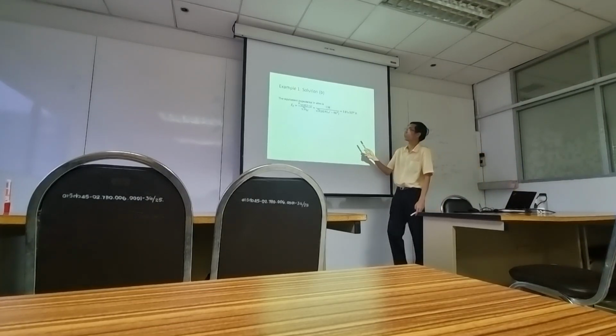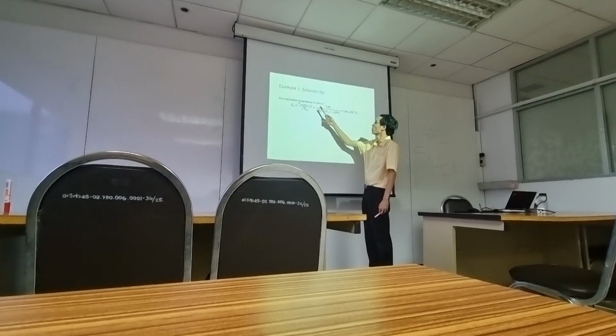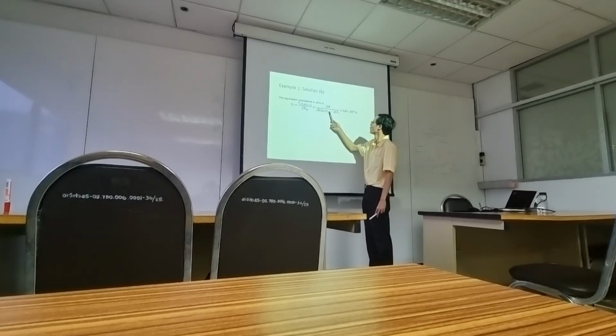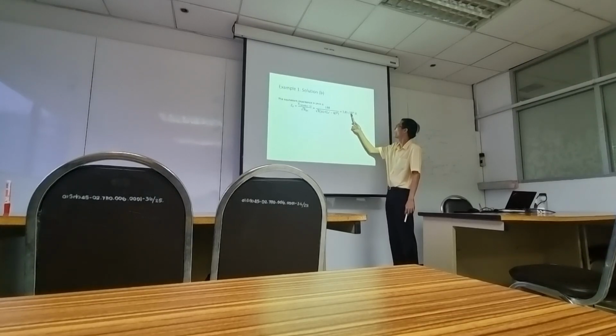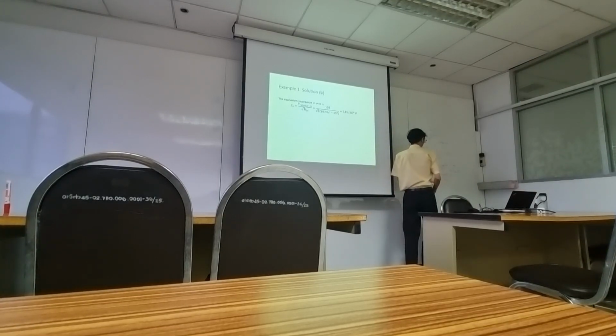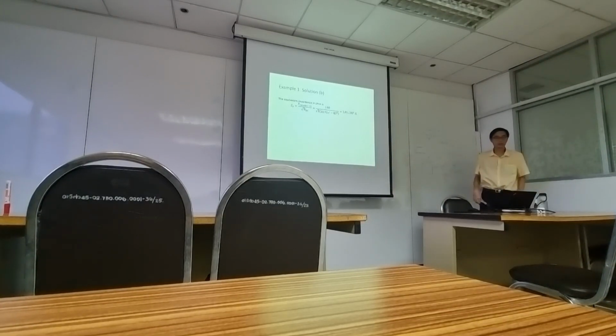So we will have this equation: ZS equals V rated line to line, 138, divided by root 3 and divided by the current. So the equivalent impedance would be 3.81 angle 85 in ohms. So any question?